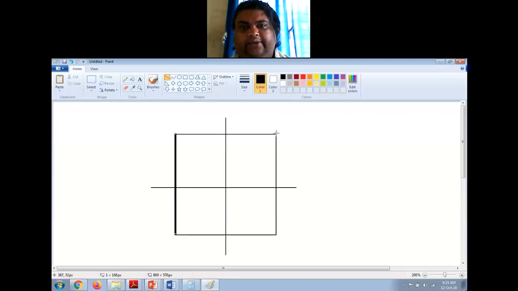So H will have this side, and then the thickness is 20 millimeter.